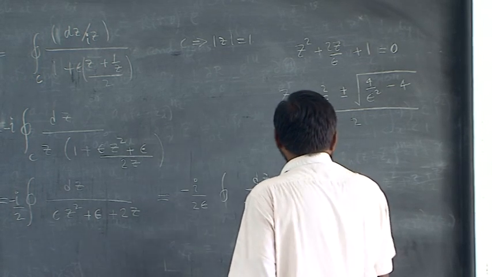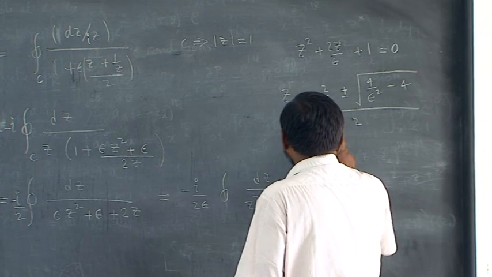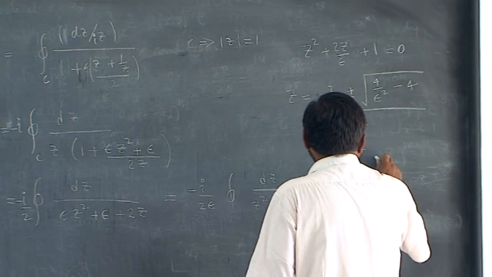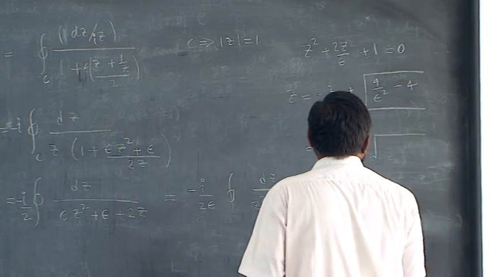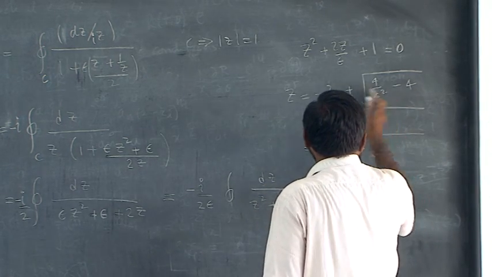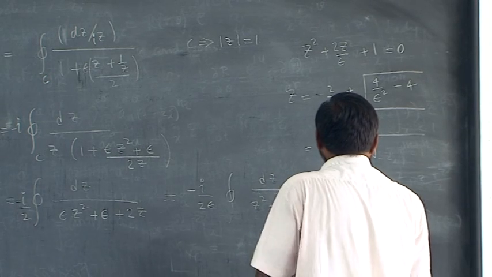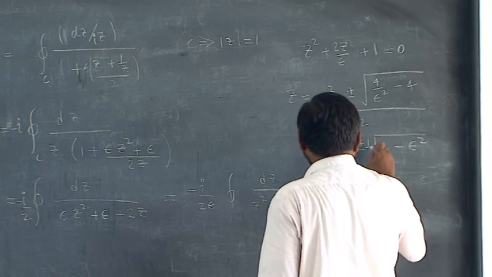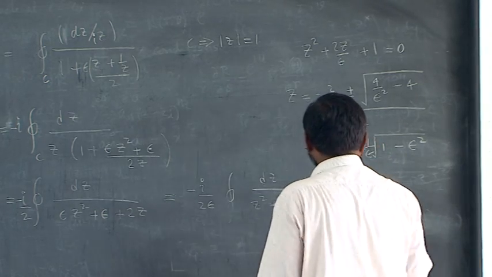So you will have minus 1 by epsilon plus or minus the square root of, pulling out 4 by epsilon square, 1 minus epsilon square.